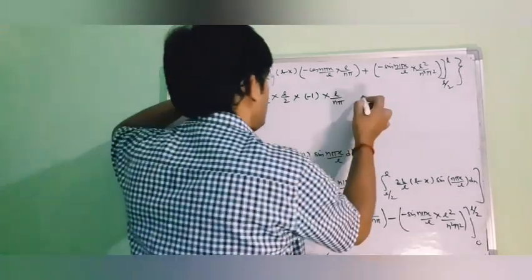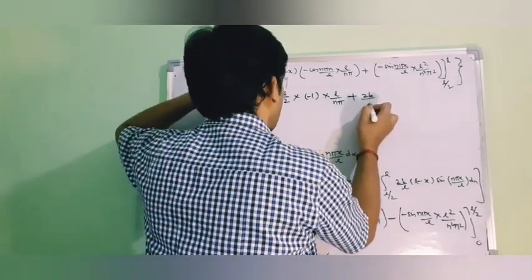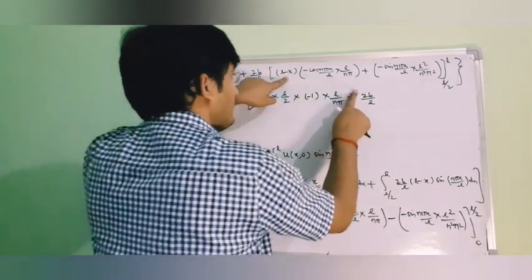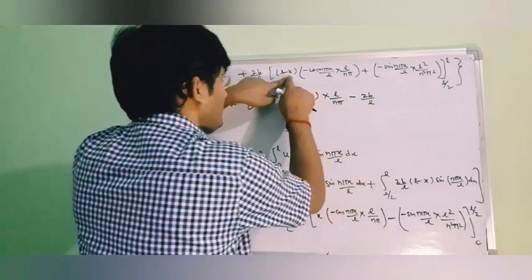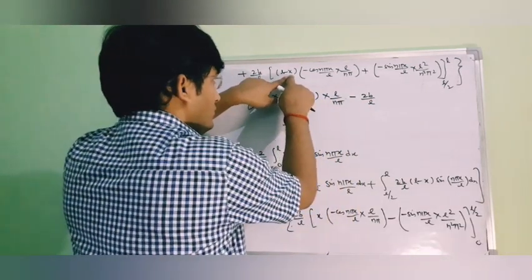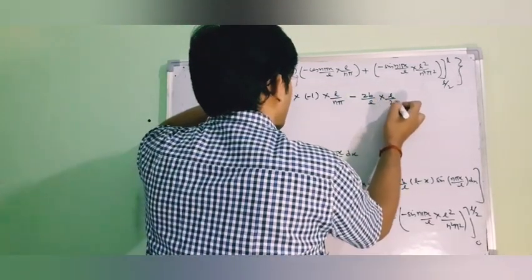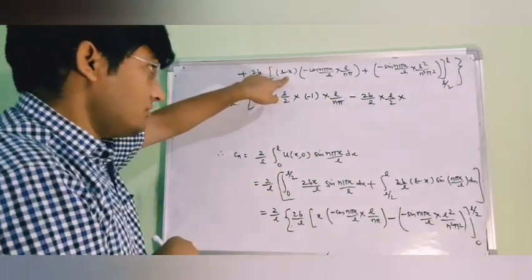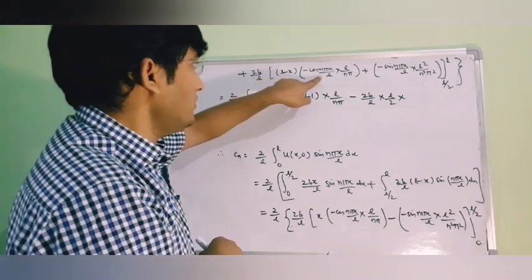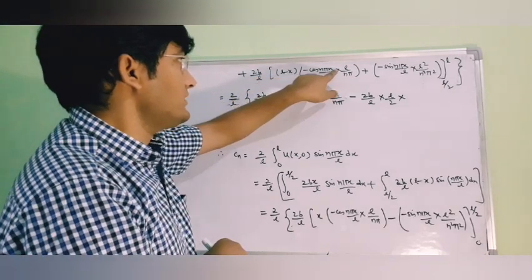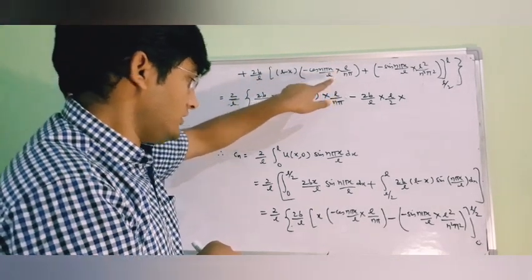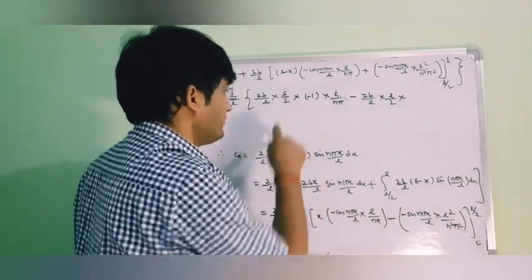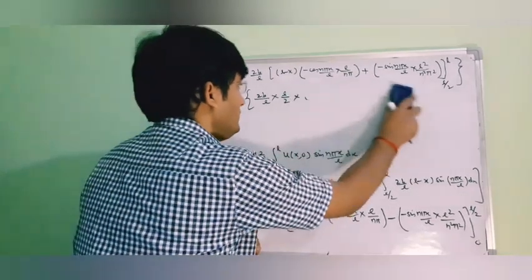Now coming to this term, this will be 2b upon L. Now if your x is L by 2, that means the lower limit, so we will have the minus sign. Now if your x is L by 2, then again it is your L by 2, and here I have made a mistake, if x is L by 2, then this will be cos n pi by 2, not minus 1.